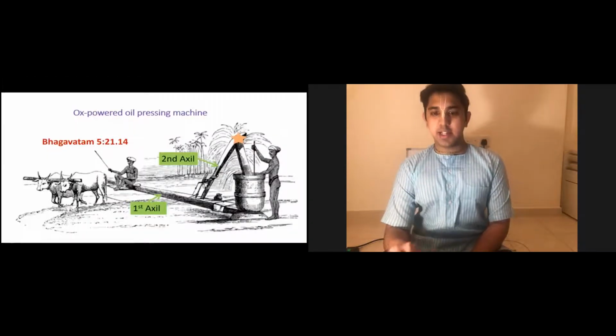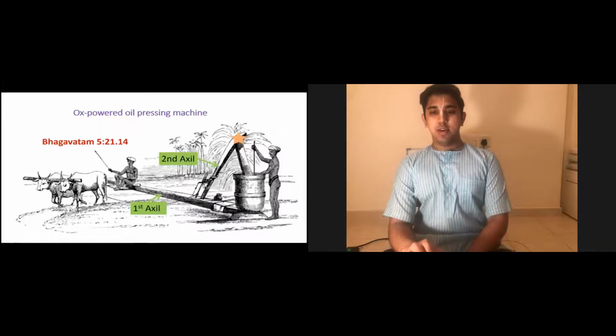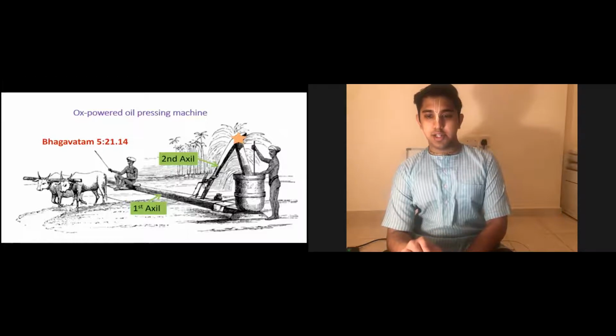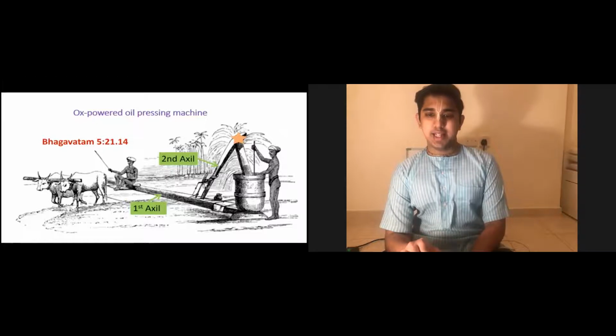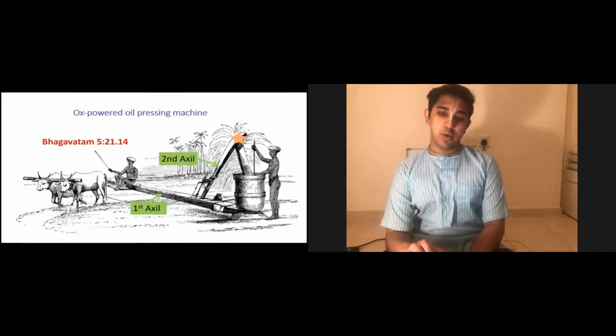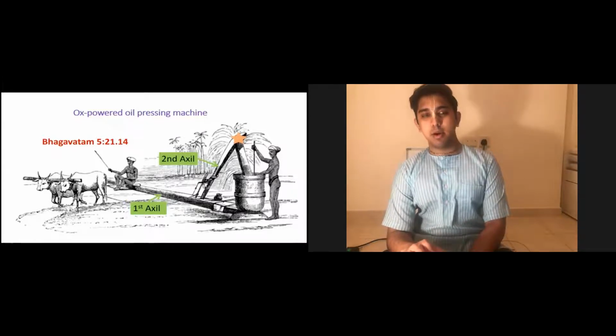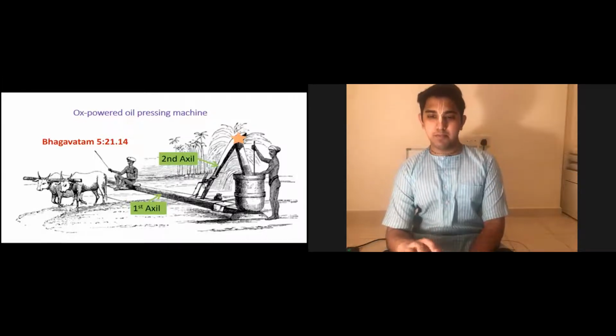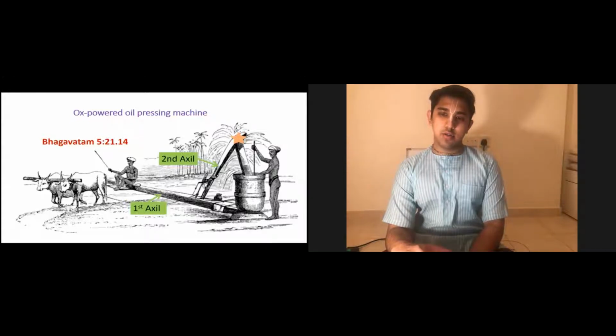So that is the first axis, which is connected from the sun right to the summit or the base of Mount Sumeru. And the second axis, which is somewhere around a quarter of the first axis, about 3.4, 3.8 million yojanas, from there it is connected to the Dhruva-loka.